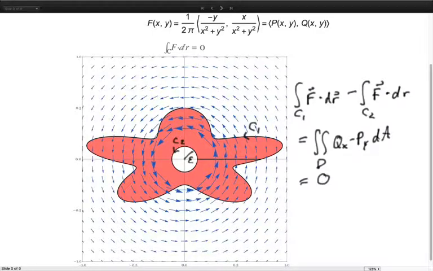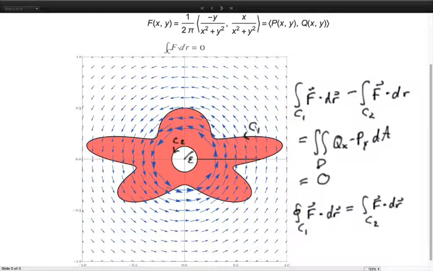Okay, so that helps us quite a bit, because now these two pieces of the line integral, the outside C1 and the inside C2, must cancel each other out. They're of course equal, and that's the profound idea here: if we take a curve going around the origin, f dot dr turns out to be exactly the same as for a circle of any size going around the origin, no matter how small.